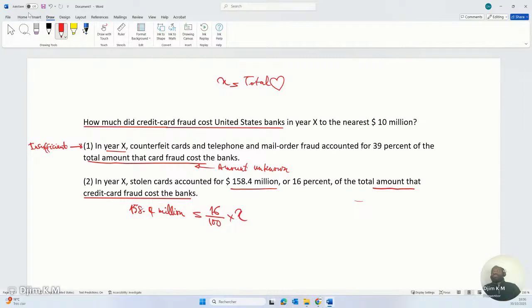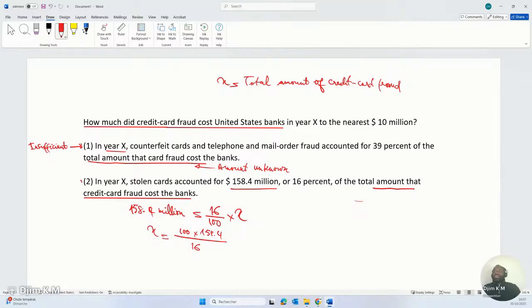So X here is actually the total amount of credit card fraud. Here we can definitely get the value of X, which is 100 times 158.4 divided by 16, to get the total amount.